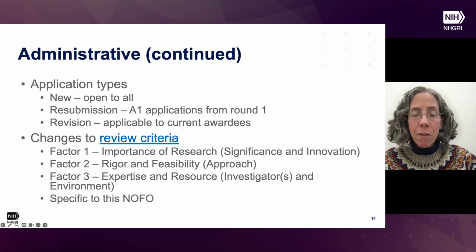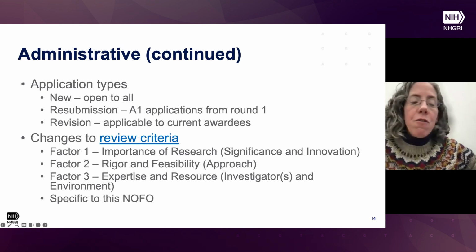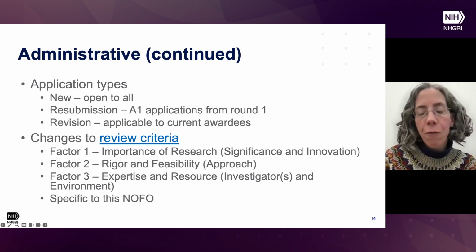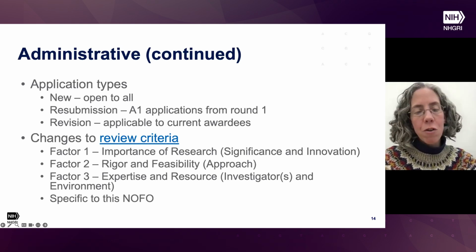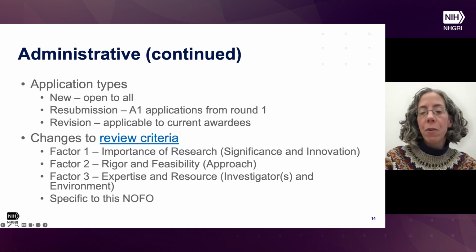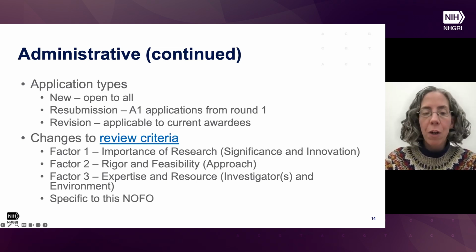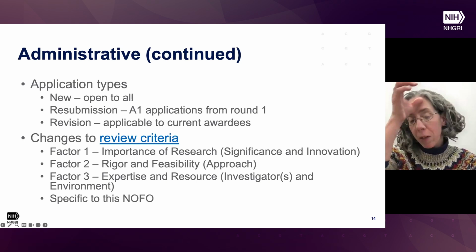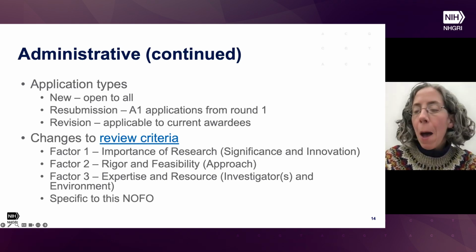The most important ones for this, though, are the changes to the review criteria for the research project grants. This does not apply to the SBIR and STTR funding opportunities, but it certainly will be in effect for the UO1.